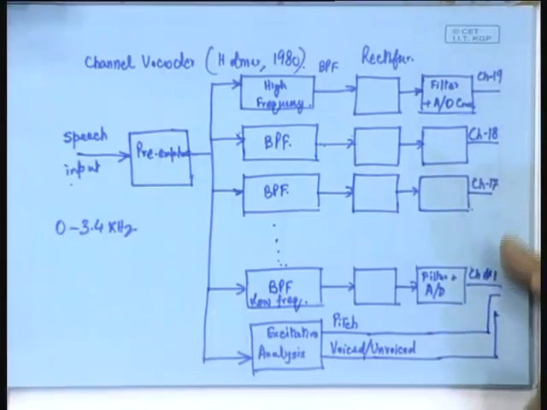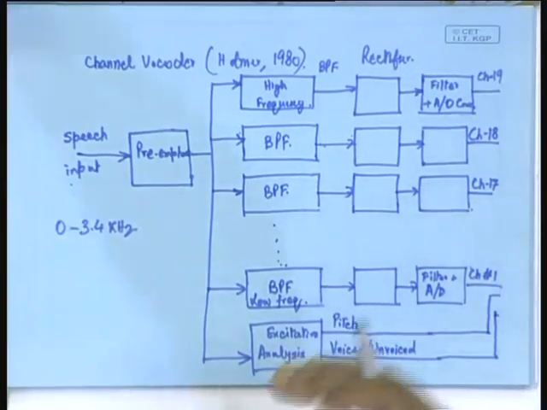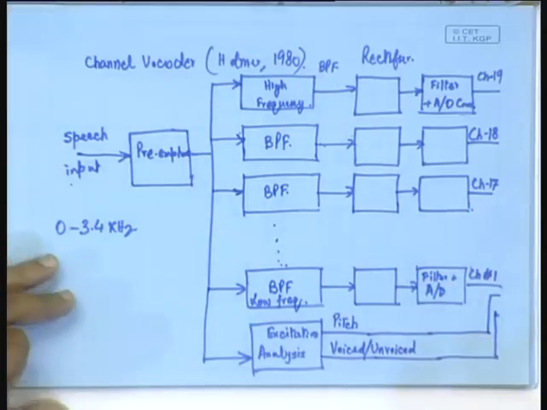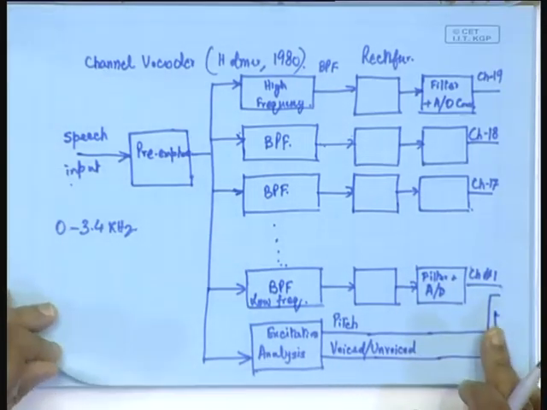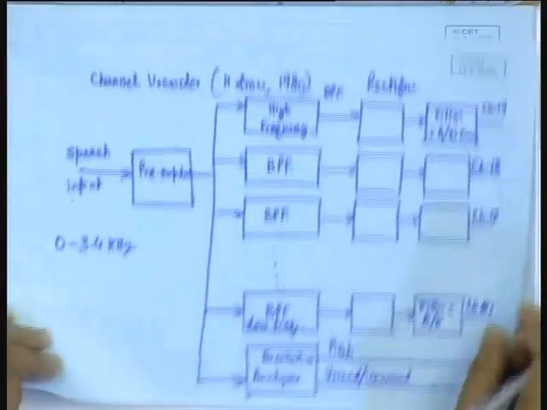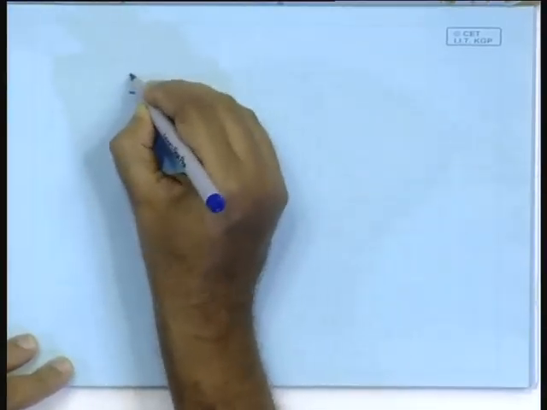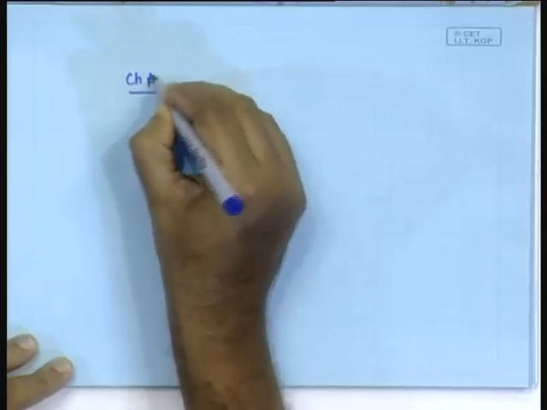In fact, there will be a proper bit allocation for all these items, that is to say the 19 channels, then the pitch information also has to be represented, and the voiced unvoiced decision, which is a 1 bit flag, that also has to be encoded. Together, I will just show it on a separate page, where we have channel number 1 to channel number 19.